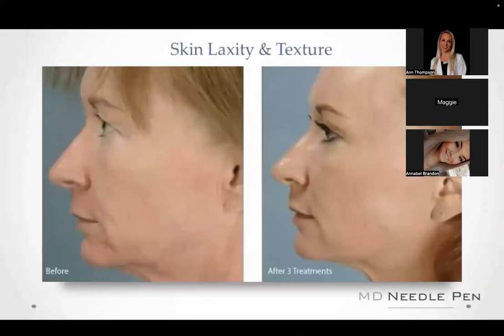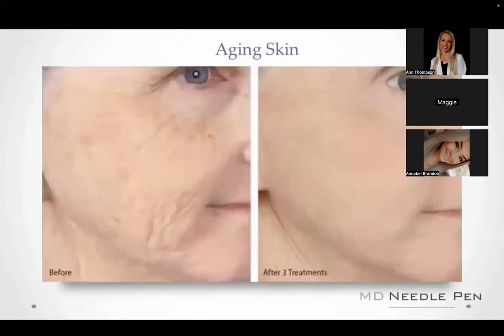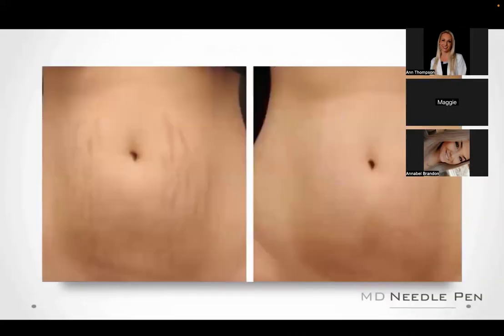Here we see increased skin laxity and rough texture before treatment. Once microneedled, the skin is tighter, firmer, and smoother. See the sun damage and uneven tone in this patient's skin before treatment? After microneedling, pigment is lightened and the skin tone is more even. Notice the brown spots, wrinkles, and skin texture before treatment. After microneedle therapy, aging skin is less crepey with reduced dark spots.